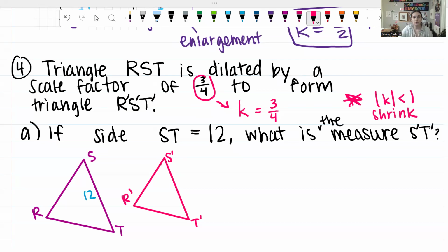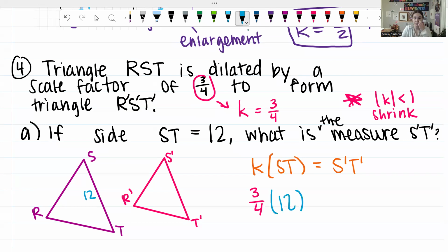All right, so we want to find S prime T prime, and please remember that to go from your pre-image to the image, you're going to take K and multiply it to your original. So multiply K times ST, and that will give us our length S prime T prime. So I'm going to multiply our scale factor of 3/4 times ST, which is 12.